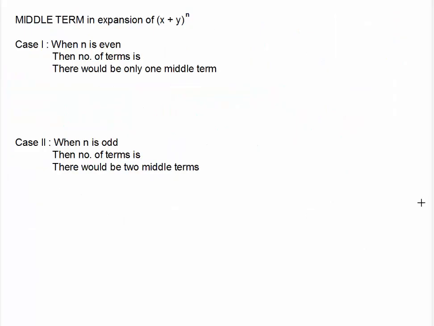Now next is the middle term in the expansion of (x+y)^n. Depending upon whether n is even or odd, we have two different cases. Let's take the first case, when n is even. If n is even, the number of terms would be n+1, and hence it would become odd.